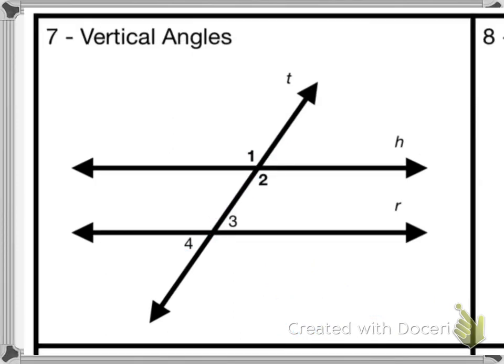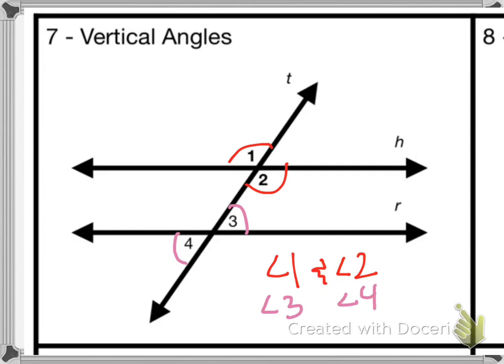All right, yesterday we talked about vertical angles, and so remember, vertical angles are simply going to be across from each other. So here we have angle 1 and angle 2 are going to be vertical of each other, and then we also have angle 3 and angle 4, which are also going to be vertical to each other.